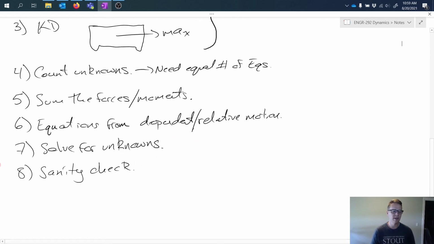And lastly, the thing that I think we want to be careful not to neglect is a sanity check. Once we've solved for these unknowns, do our results make sense? What I mean by that is, are the numbers in the range of possibility? If I'm solving a problem involving throwing a baseball and I determine that the baseball is traveling at 1,000 miles per hour, that might be problematic.